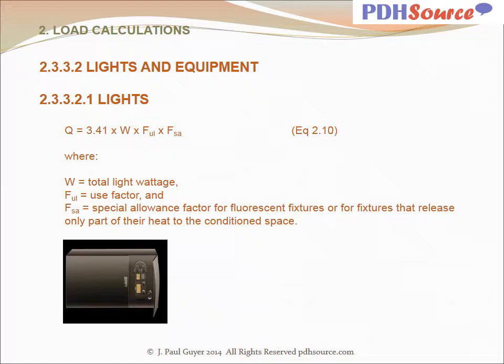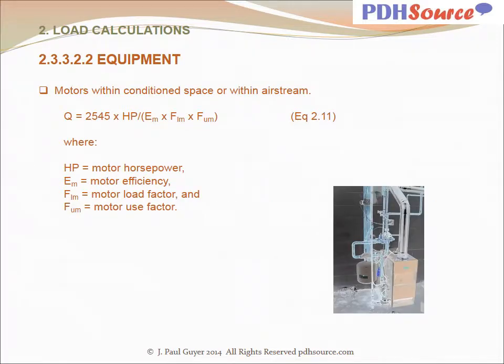F sub U is a use factor to take into account the fact that the lights in a given room may not typically be on 100% of the time. They might only be on 50% of the time, and therefore you can reduce the cooling load calculation accordingly.